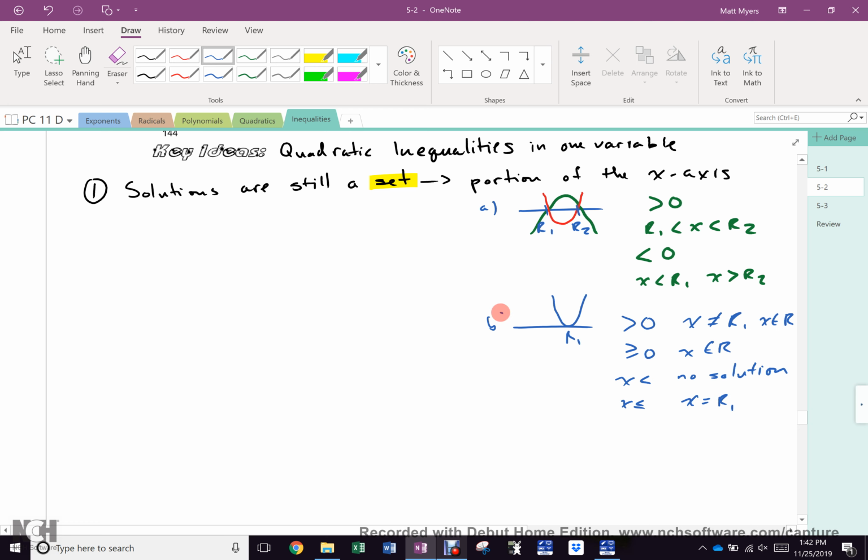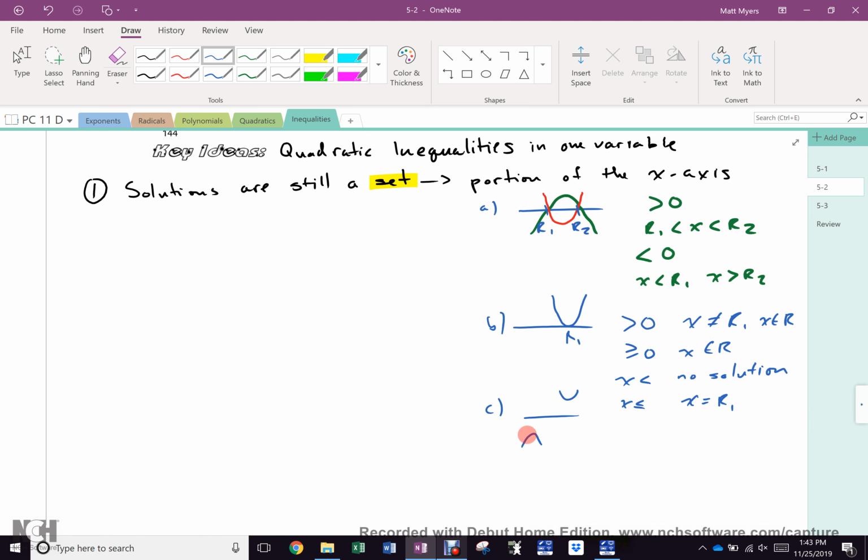And then, of course, the third choice is when it's one of these, like that or like that. x greater than 0, all the real numbers. x greater than or equal to 0, still all the real numbers. x less than 0, no solution. Down here, x greater than 0, no solution. x less than 0, every real number. Everybody good? And that's the sets.